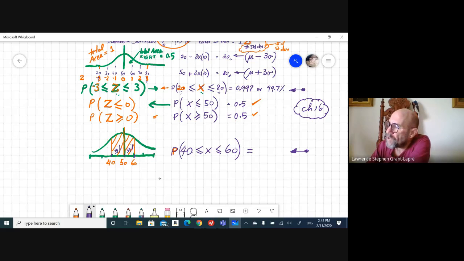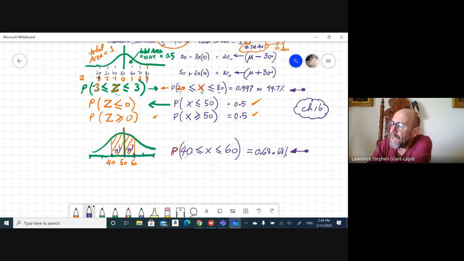So to get a score between 40 and 60, if we ask what's the chance of getting a score between 40 and 60, we will say 68%. It's a magic number, 68%. We don't make that up.